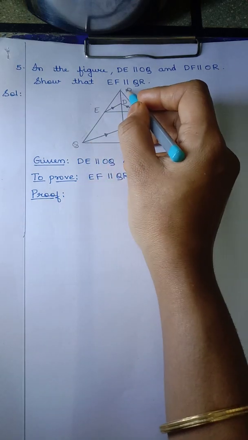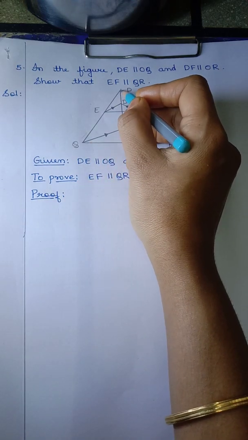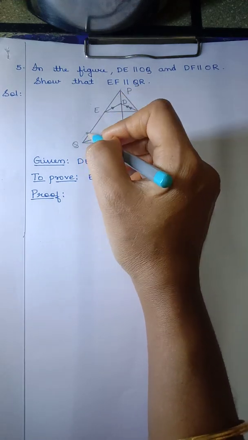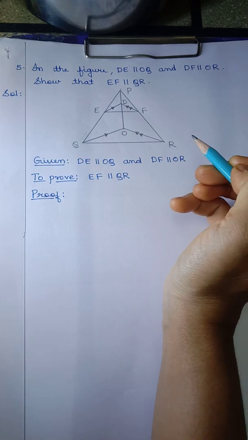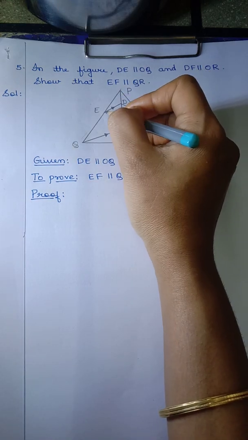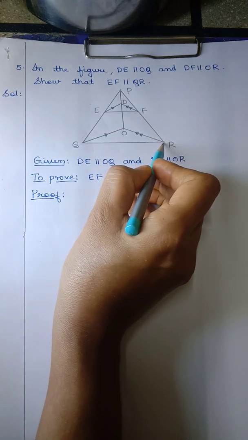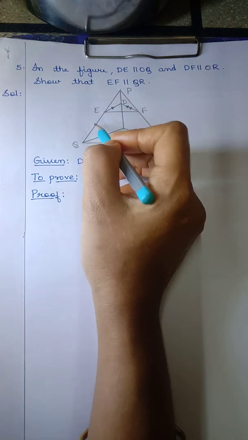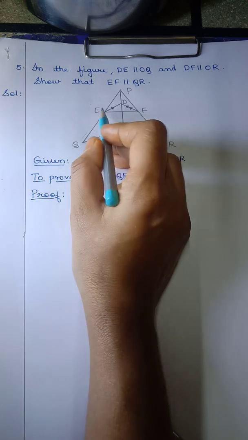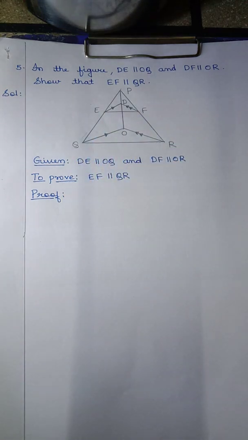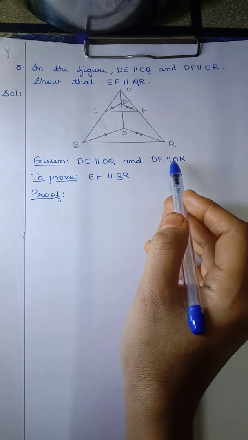Okay, so to show that lines are proportional, E and F are the distinct points on sides PQ and PR. So you have to show PE by EQ is equals to PF by FR. Okay, if you show that these sides are in equal ratio, then by converse you may get EF parallel to QR. Okay, so take the given things, they have given these two lines parallel.